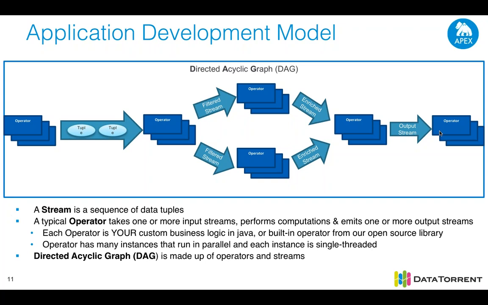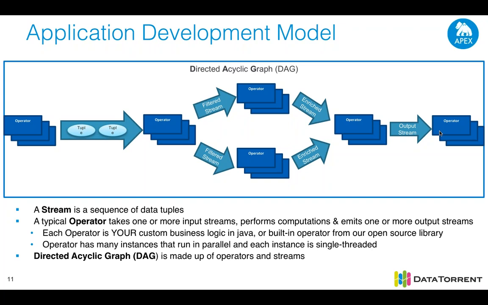And this data is flowing like a stream, right? So think of it like water flowing through a pipe. You're sending the data, and the downstream operator will get it as soon as possible. It'll do some processing, and it may emit something else, right? So this entire stream is flowing unabated through your DAG, and then your outputs are coming out.